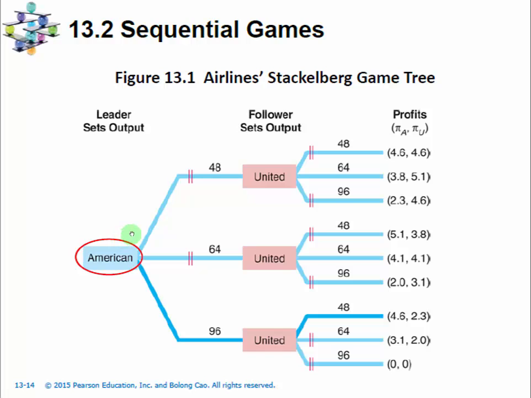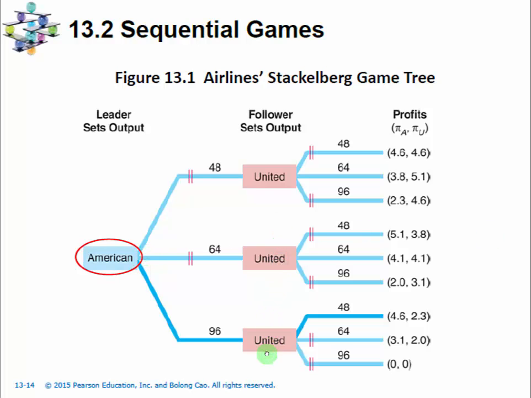As we can clearly see from this game tree, American chooses either 48, 64, or 96, three different output levels in the first stage, and then after that, United Airlines, the second mover, chooses among three different output levels given the output level chosen by American Airlines.